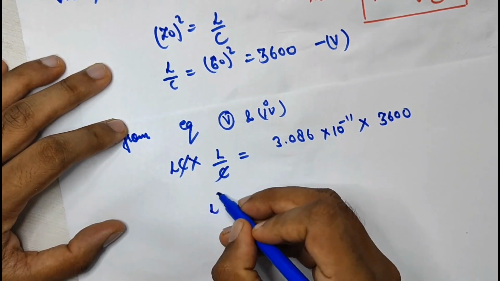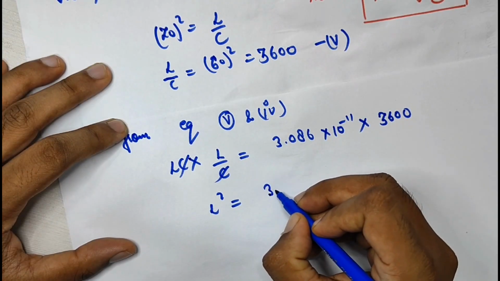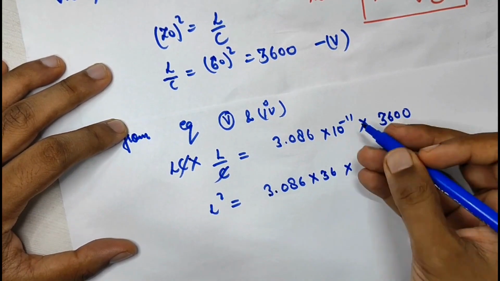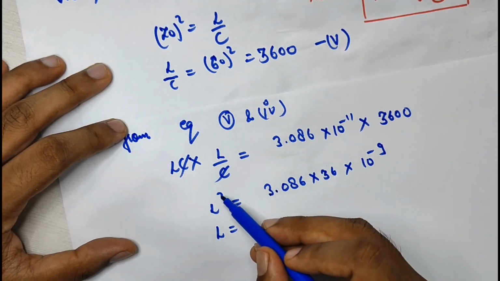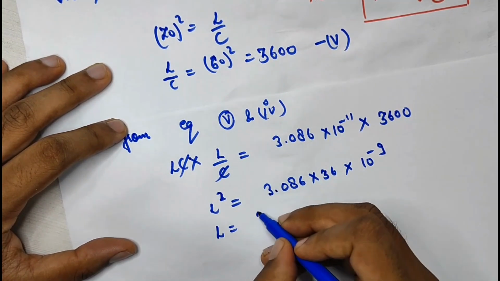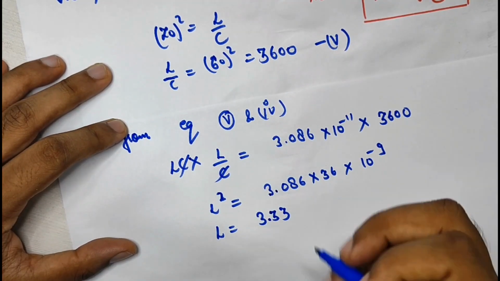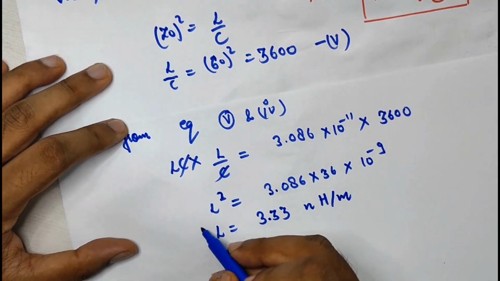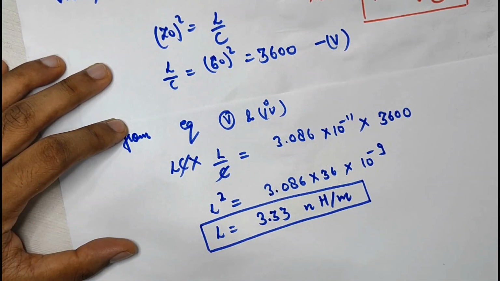C gone, and this is the first value we have got.